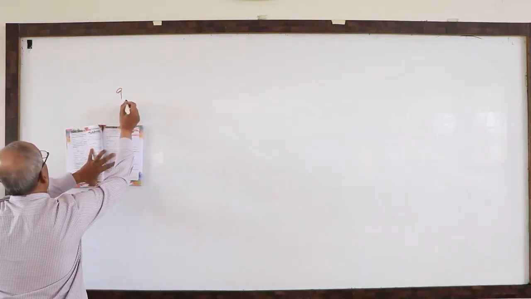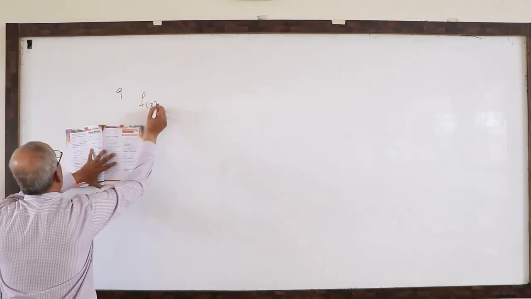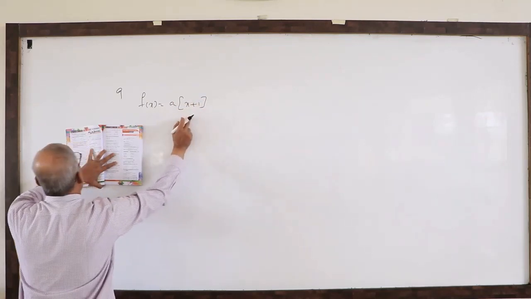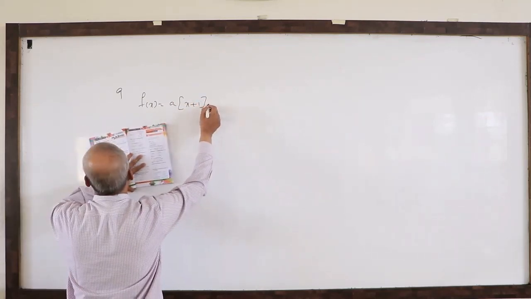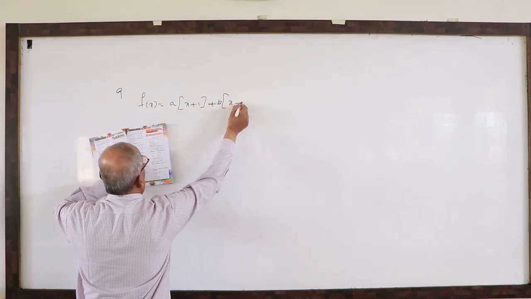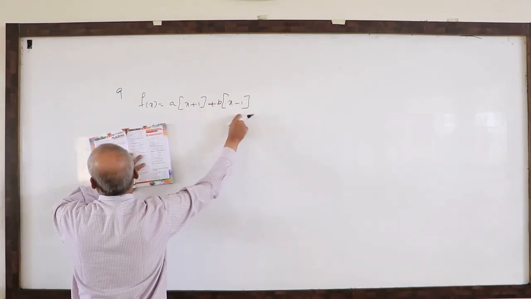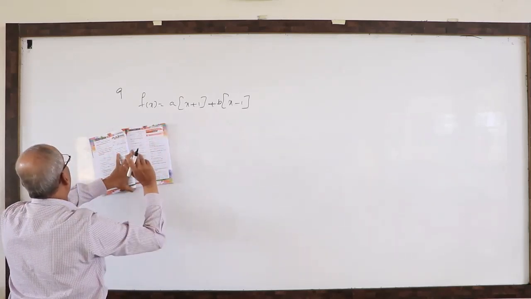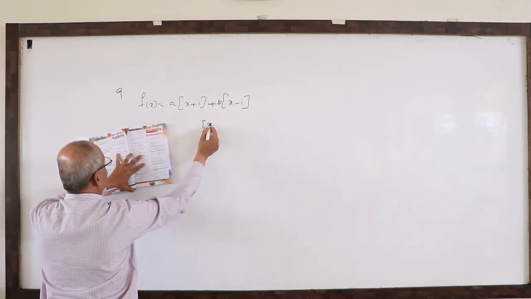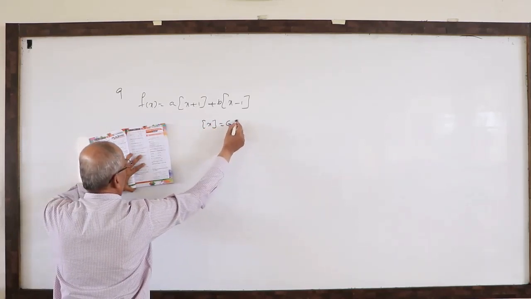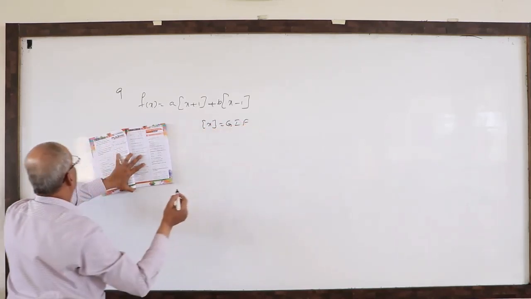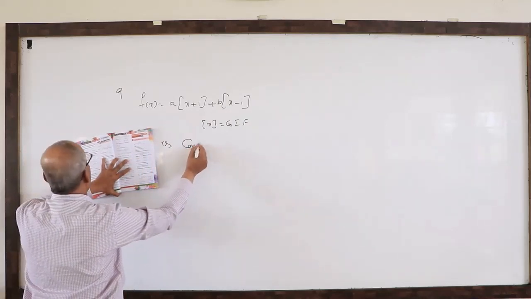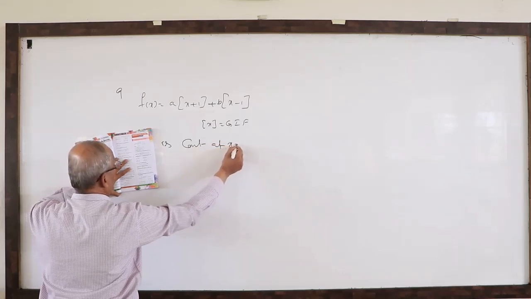So f of x is equal to a times, in the brackets I wrote something. What is this designer? This designer, already you know that greatest integer function symbol. He gave that greatest integer function. Brackets x represents GIF. Okay. F of x is continuous at 1.